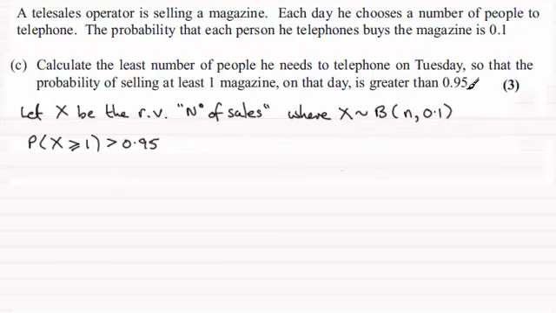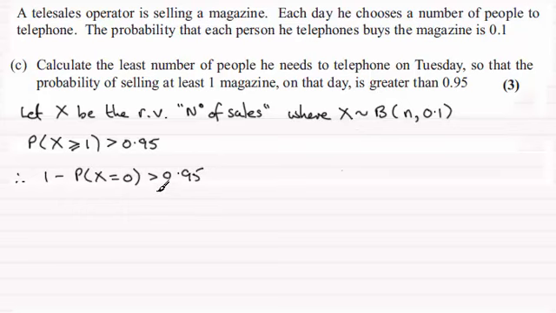Okay, so that's that statement there. And so it's just a question of solving this inequality for n, because the probability of x being greater than or equal to 1 is 1 minus the probability of x equaling 0, no sales. That's going to be greater than 0.95.